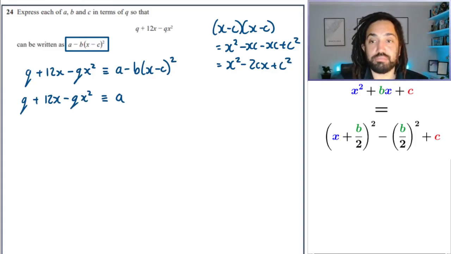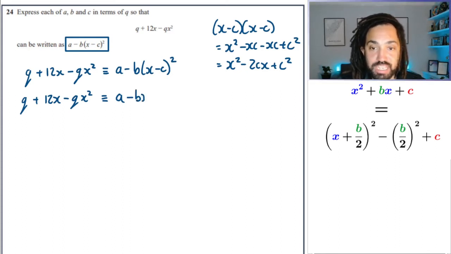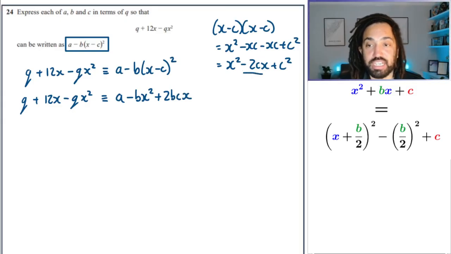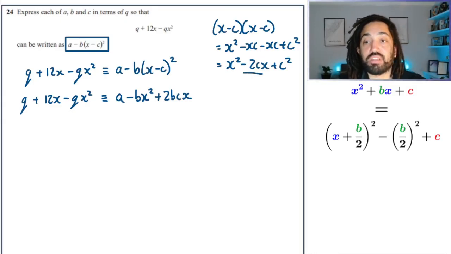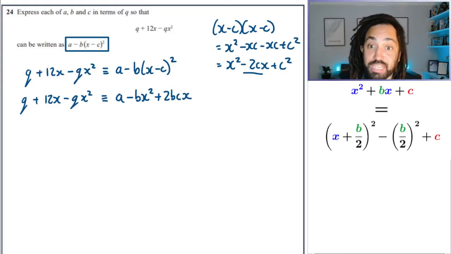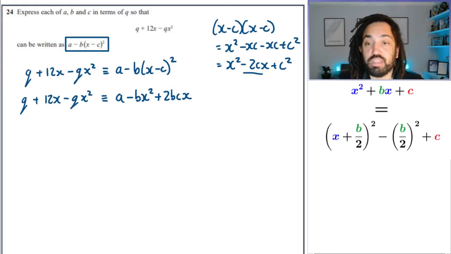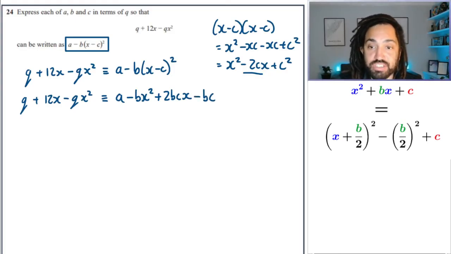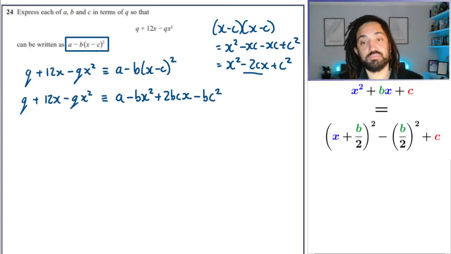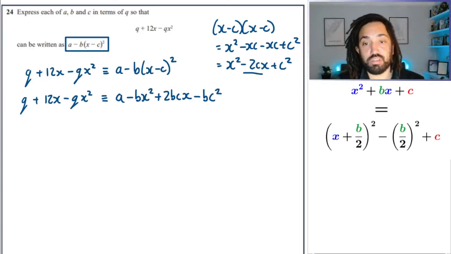Then I need to multiply that through by negative b. Timesing it through by negative b gives me negative bx squared, positive 2bcx, because it's a negative cx there, so when I times it by negative b it becomes positive, and then negative bc squared.